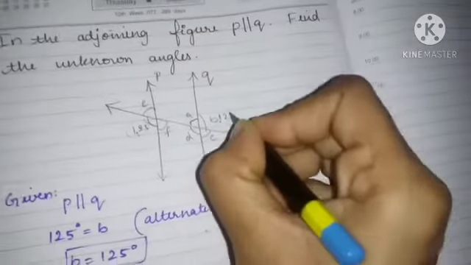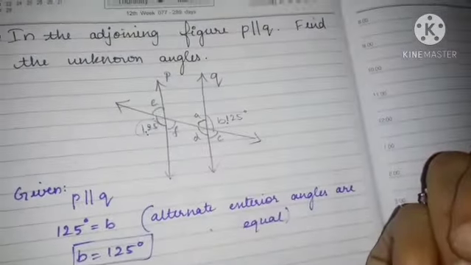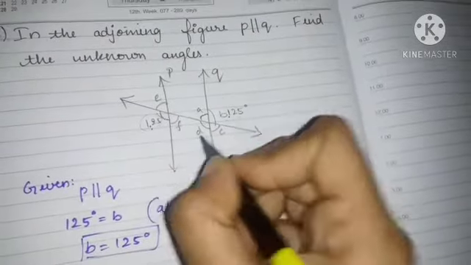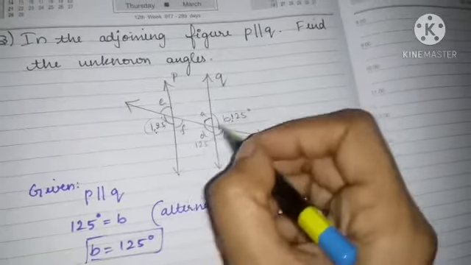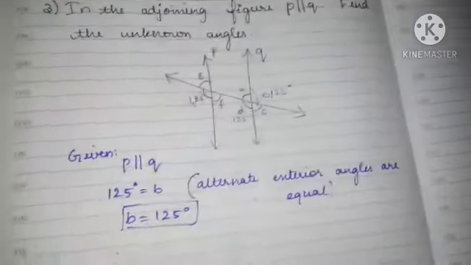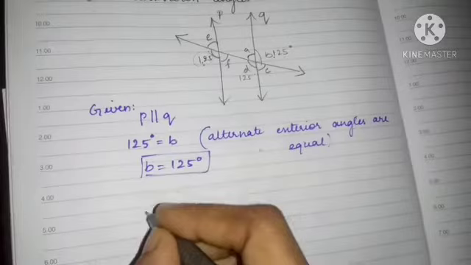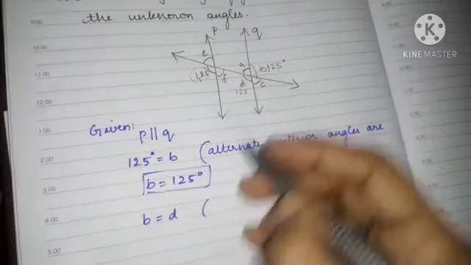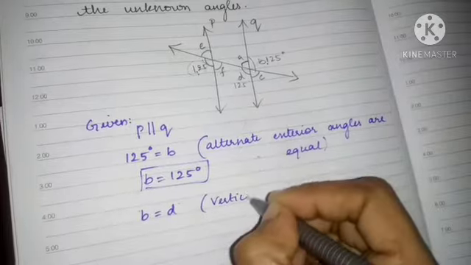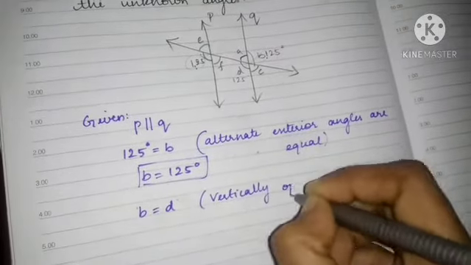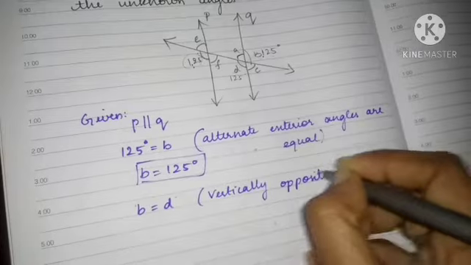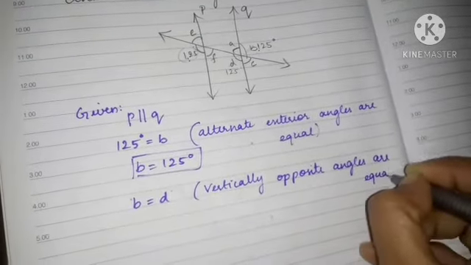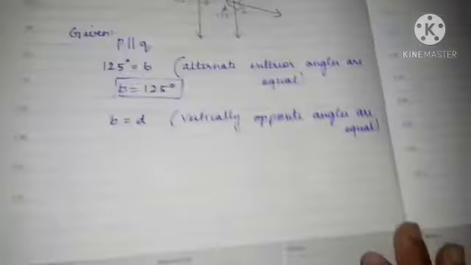So shall I write here 125? Now, B is 125, so D is also 125. Why? Because they both are vertically opposite angles. So we can say that B is equal to D, because vertically opposite angles are equal.